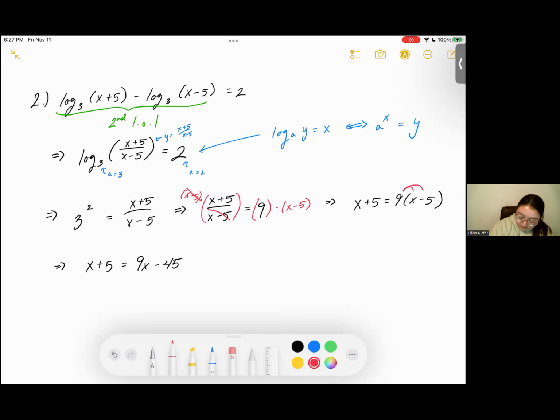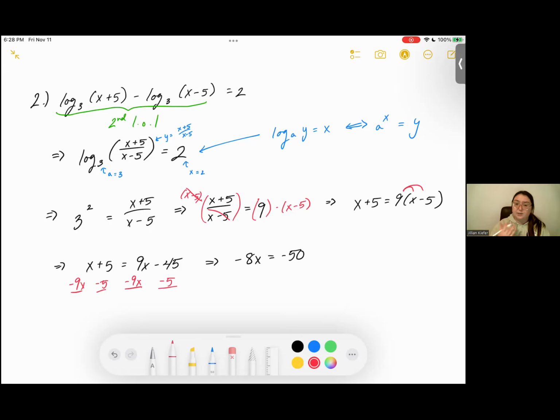So we can subtract 9x from both sides. And we can also subtract 5 from both sides. And this will give us x minus 9x is negative 8x is equal to negative 45 minus 5 is negative 50.